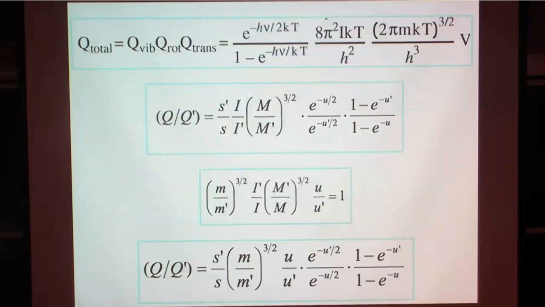If you multiply all these together, this is what you're left with when you take the ratio. There's a theorem called the Redlich-Teller theorem, or spectroscopic theorem, or product rule, which basically gets rid of the moment of inertia, and you're left with this equation for the ratio. So now what you see is that everything has fallen out except for this vibrational term, which is a function of temperature.